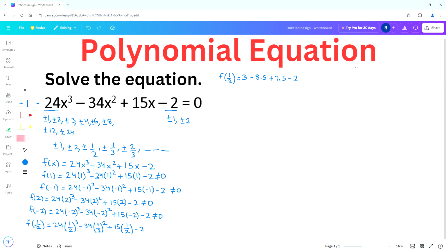The value of this expression is equal to 0. That means for x equals 1/2, the value of the cubic polynomial is equal to 0.